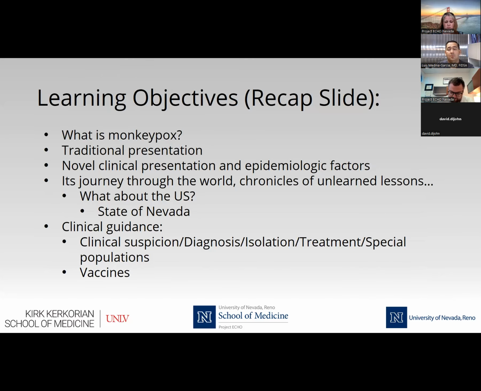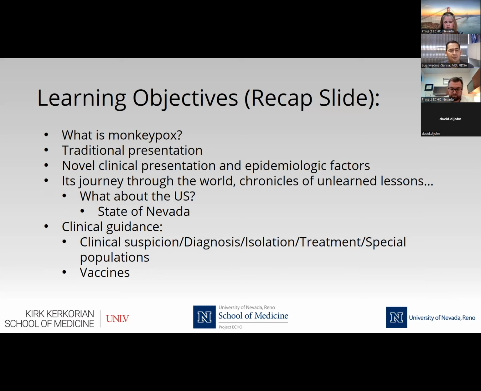And we'll just end with the recap slide. We talked about what the disease is, the traditional presentation, the novel clinical presentation of this outbreak, what is happening throughout the world, how unfortunately we haven't learned the lessons from the COVID pandemic to apply in the current outbreak of monkeypox. The United States has seen an increasing burden of the disease as compared to other countries.